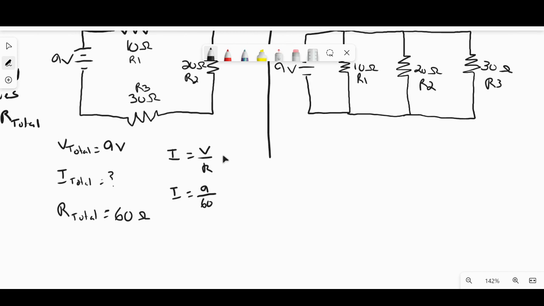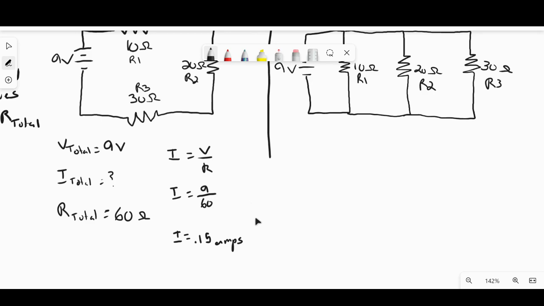If we do 9 divided by 60, this is giving us 0.15. So current is going to be equal to 0.15 amps. Now voltage is measured in volts, current is measured in amps, and resistance is measured in ohms. So in this case, I have a total current now of 0.15 amps. Pretty straightforward there.